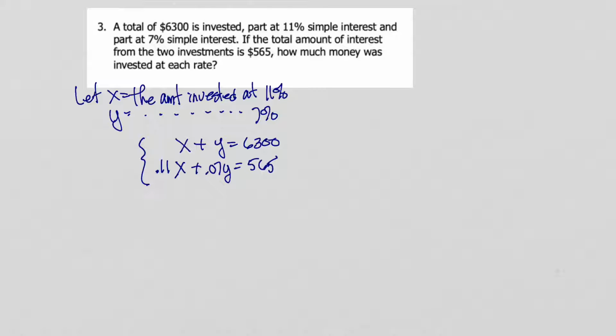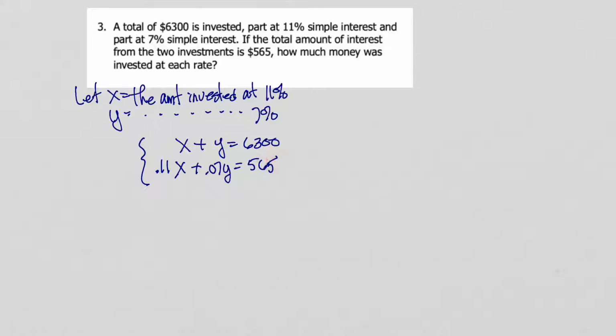There's our system. But let's look at it carefully here. What is this? This is the total number of dollars, right? So I take the total number of dollars I put into the 11% account and add the total number of dollars I put into the 7% account. That gives me the total number of dollars. But what is this?